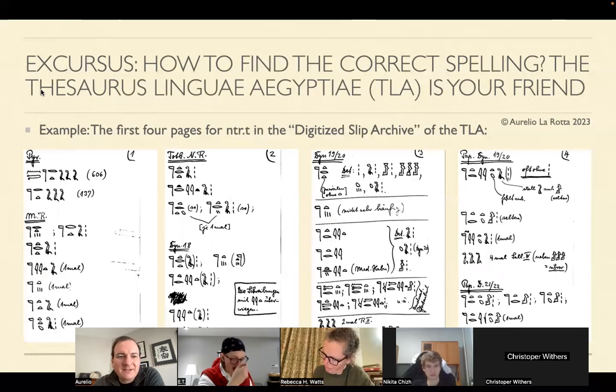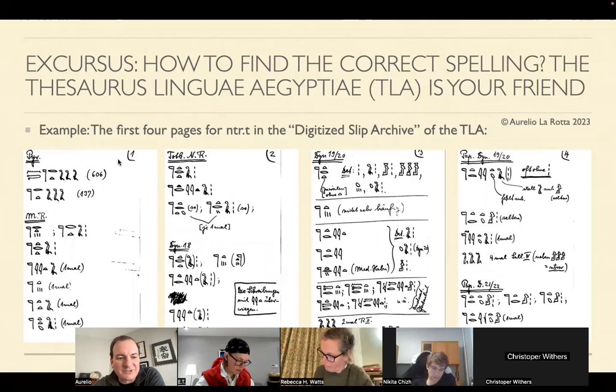The Thesaurus Linguae Aegyptiae, this one's your friend. Because if you look in the so-called Zettelkasten or digitized slip archive, which sounds kind of weird, but basically the digitized index cards of the original Wörterbuch or dictionary, there's a ton of examples in there, and you can basically see how the spelling of a word changes over time.